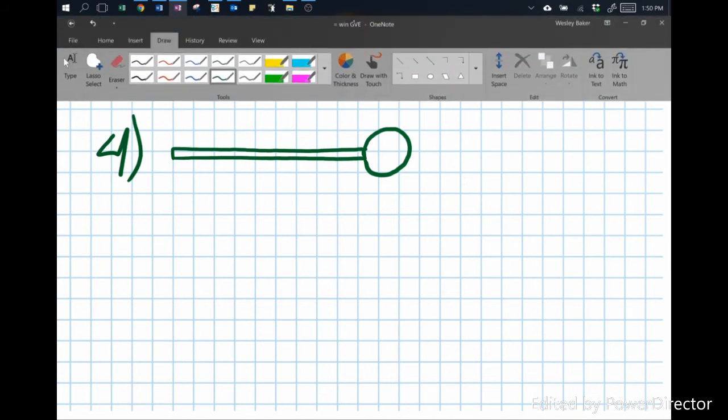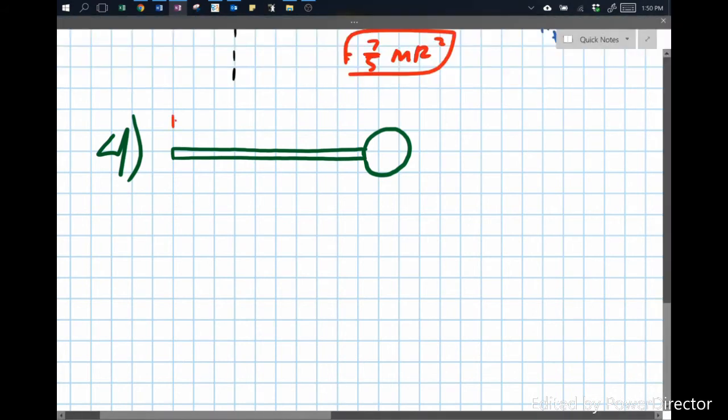What we're told is that the length of the stick is going to be L. The length of the stick stops at the end of the stick before we get to the sphere. And the radius of the sphere is equal to L over 9, or 1/9 L. You all right with that?